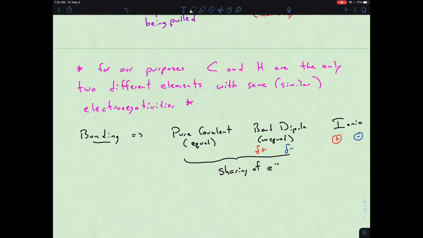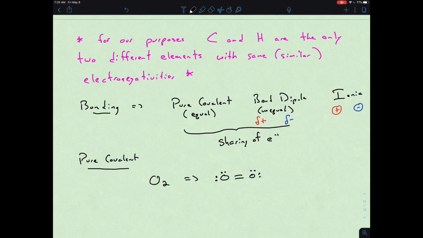For our pure covalent, we could look at oxygen. Right, this is the same elements on either side.